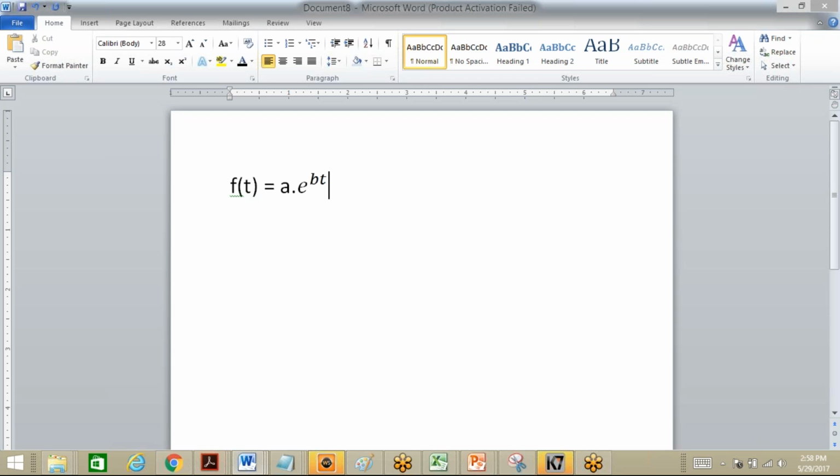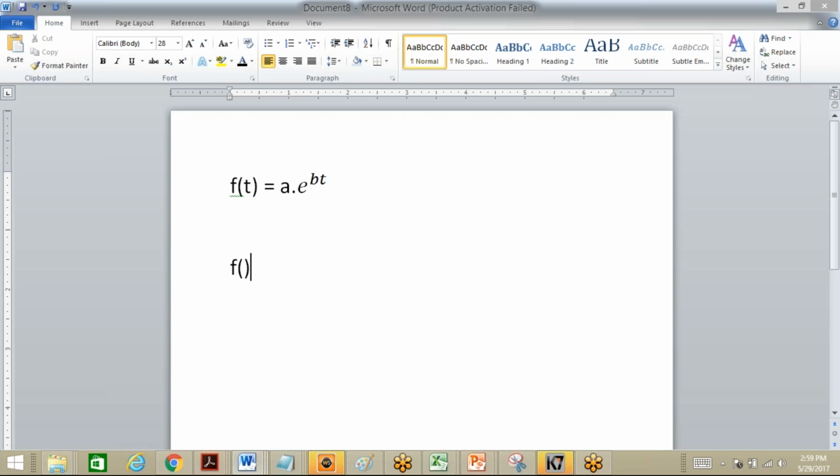Here f(t) is the number of cells that remained t minutes after the experiment started. So let me write it for your reference.